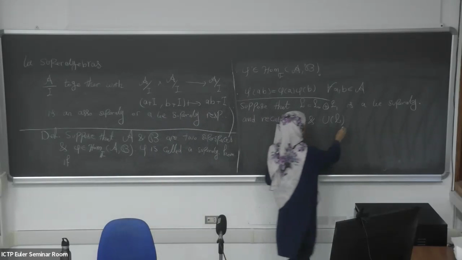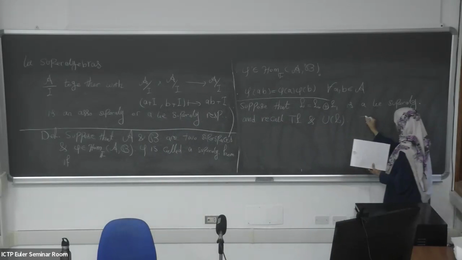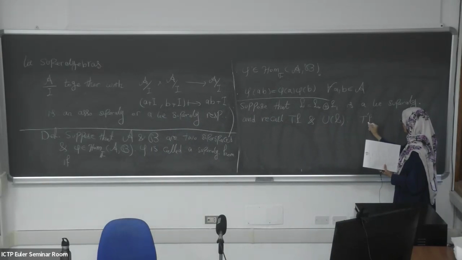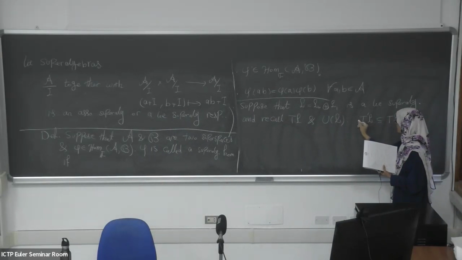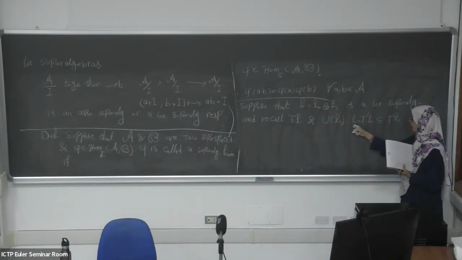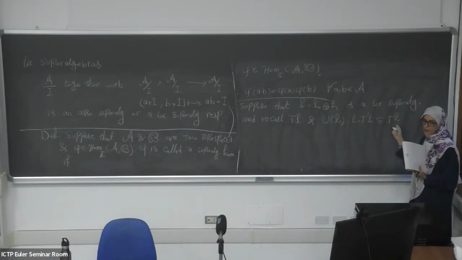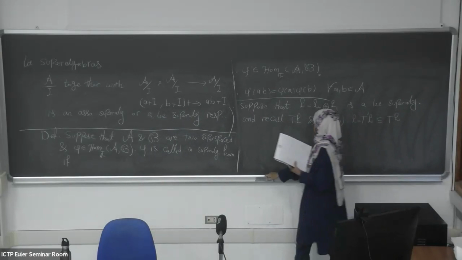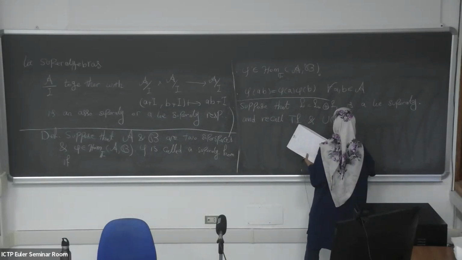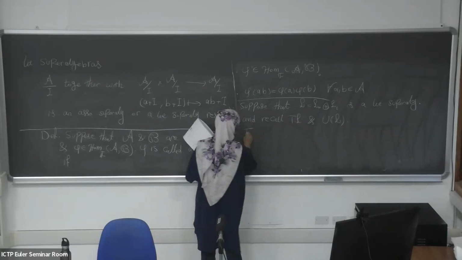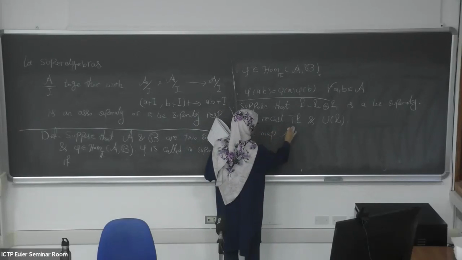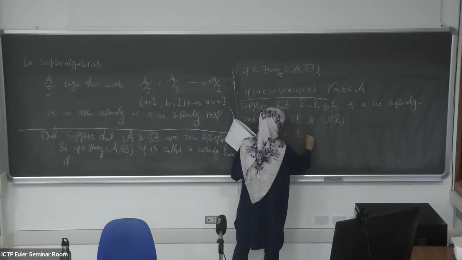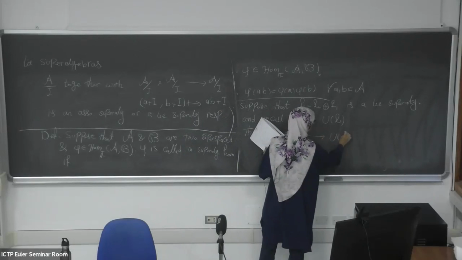And you know that T1(L) is a subset of TL, and T1(L) is just L. So L is a subset of TL. The map iota from L to UL bar.